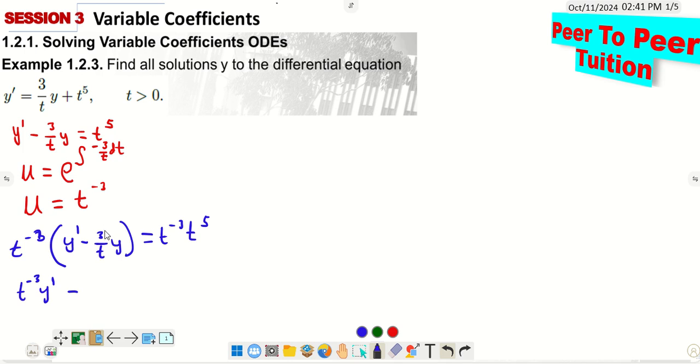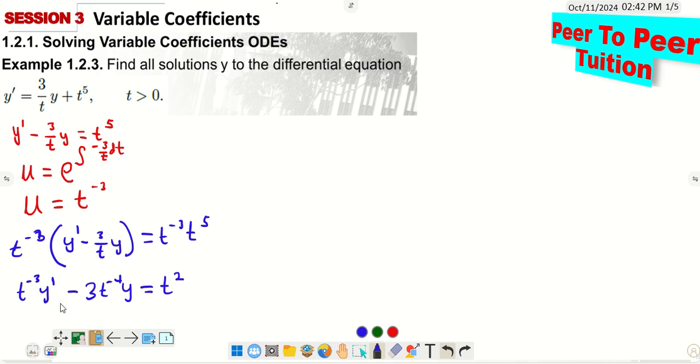When it goes up, it becomes t exponent 1. So I'm going to get 3t exponent 1, and if I multiply through, t exponent negative 3 times 3t will give me 3, then negative 3 minus 1 will give me negative 4, so t exponent negative 4 y should be equal to, then this becomes t to the power 2.